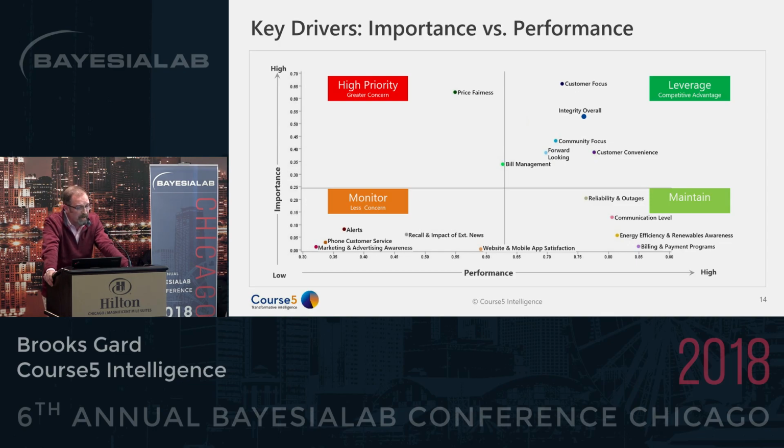Their performance isn't that great, but it's super important. They're very price sensitive. You can see on the other side, on the leverage, there are quite a few opportunities for them where they are having strengths versus the competition. Things they need to monitor, as you look down the lower left-hand quadrant: alerts, things that are not that important to folks, and then maintain the reliability and outages, et cetera.